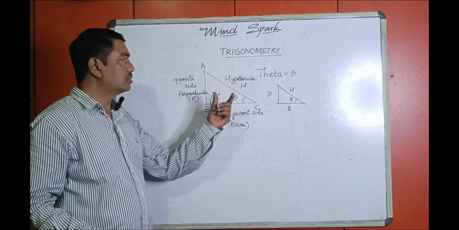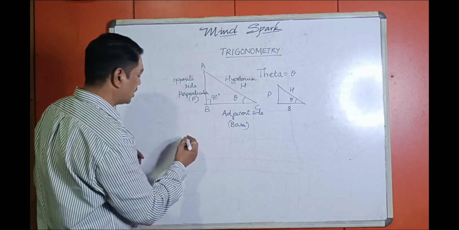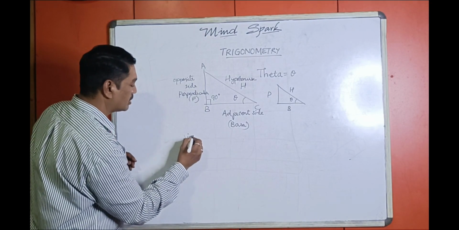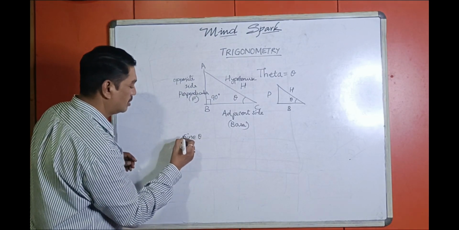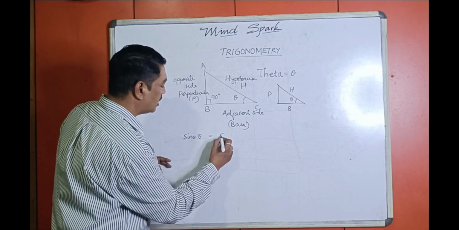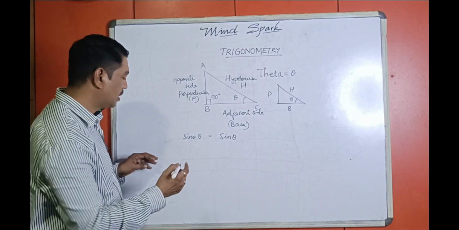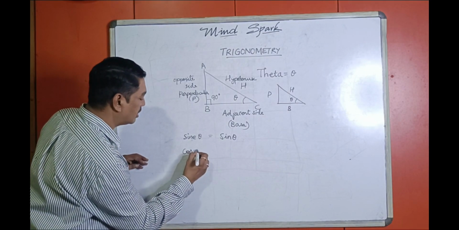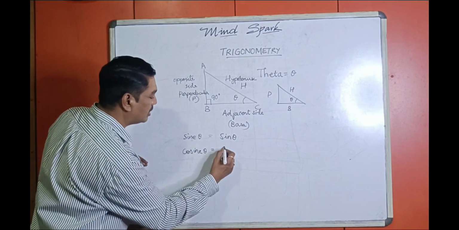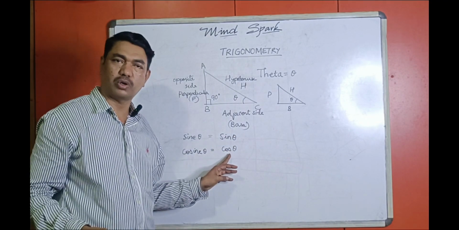Now I am going to introduce the trigonometrical ratios. Which are the trigonometric ratios? Sine theta, this is the full form, which we write short as sin theta. Then comes cosine theta, whose short form is cos theta.